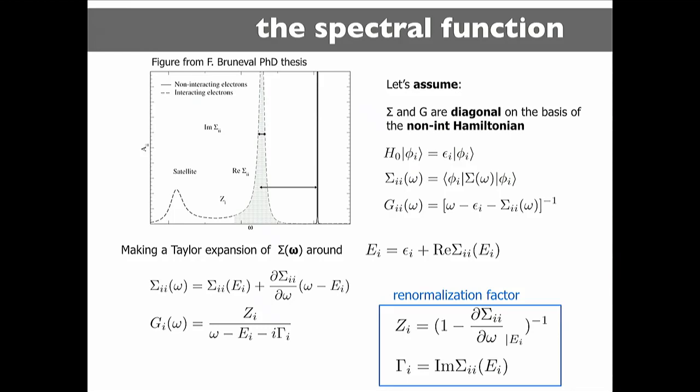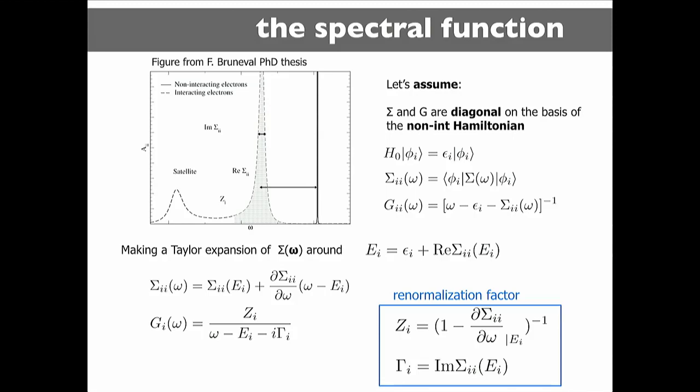So this is, first, a pole that has a main structure located at capital E_i, so the pole is shifted. Then we end up with a finite broadening of the pole. So here it is infinitely sharp. Here we have a finite broadening, and this is really related to the imaginary part of the self-energy. This is important.